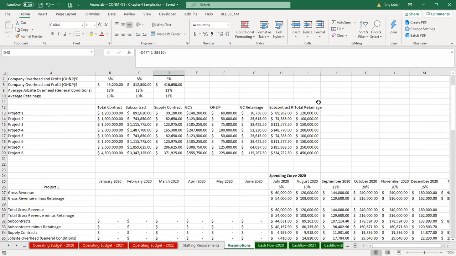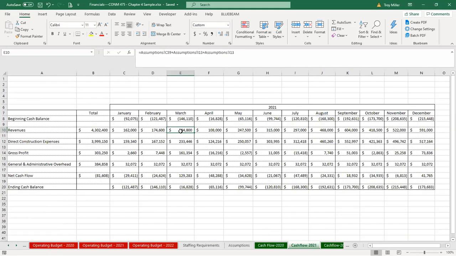So if I come back up here, you'll notice on project number 1, this is my total retainage amount. What I essentially did is add this $120,000 retainage into my revenues for the month of March, because that would be the month in reality I would expect a check from the owner of project number 1 coming into my office.